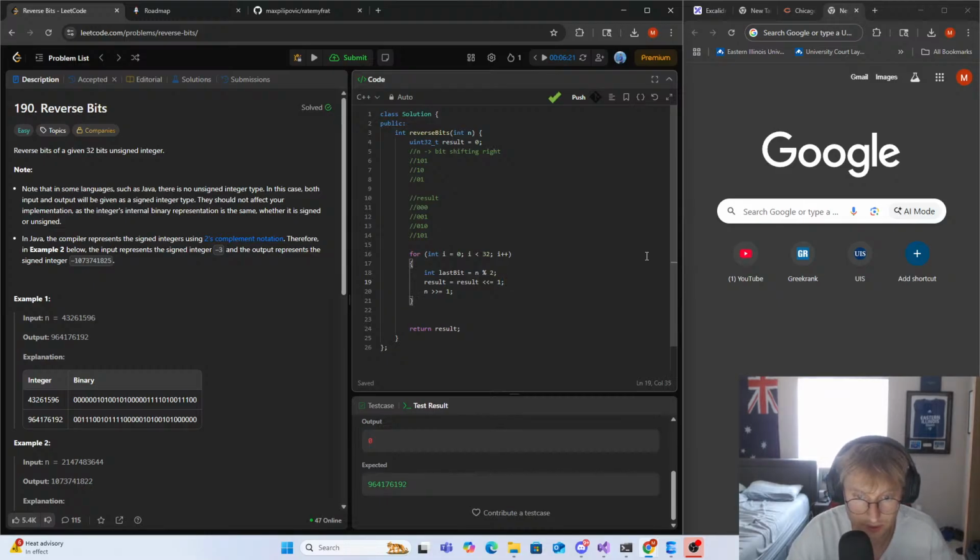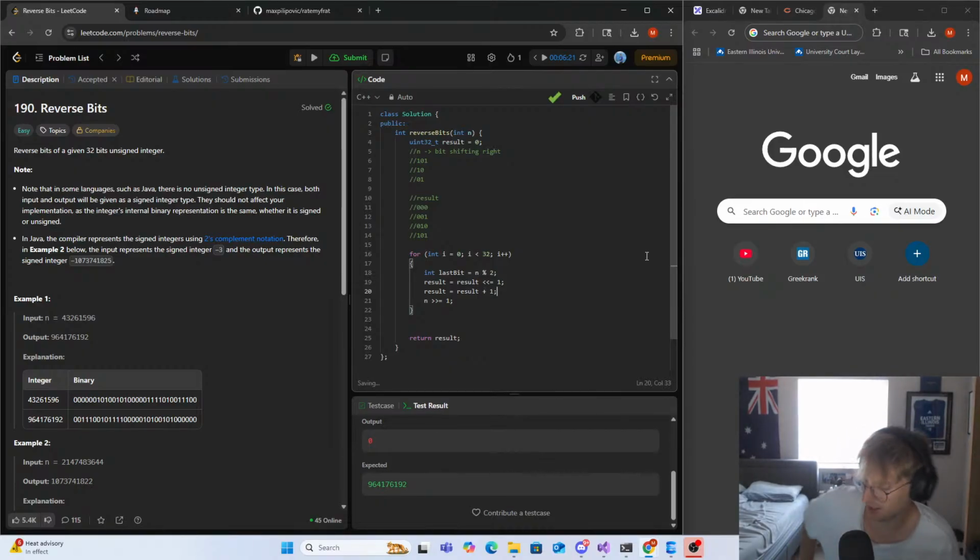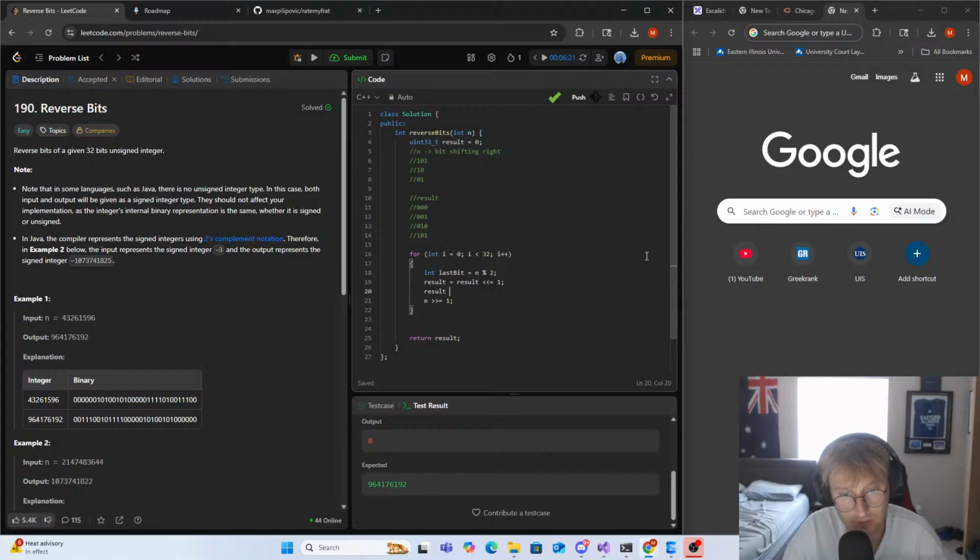So what if we did result is equal to result plus 1? Ah, shit. Oh, wait, no, it wouldn't be last bit. It would be result... I don't know how to do this.